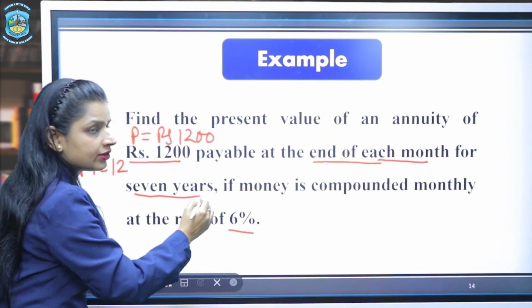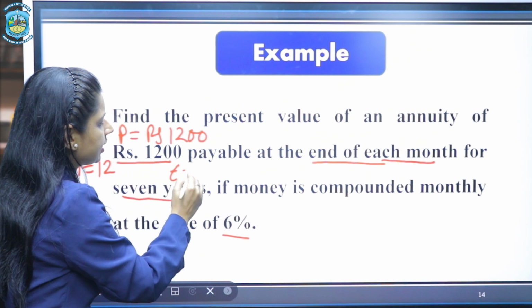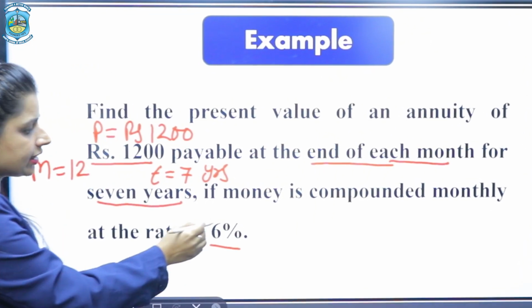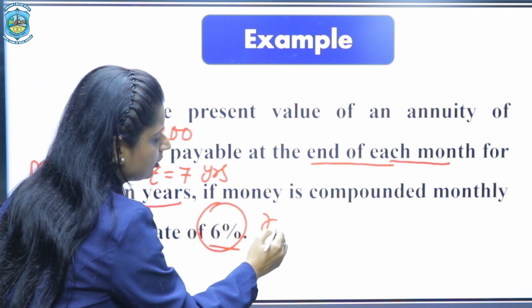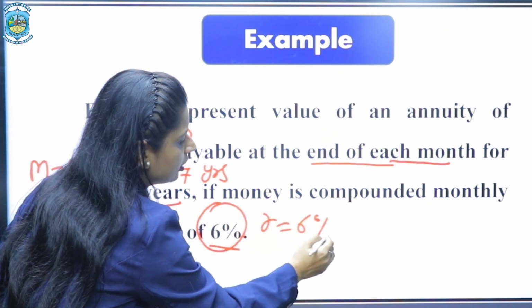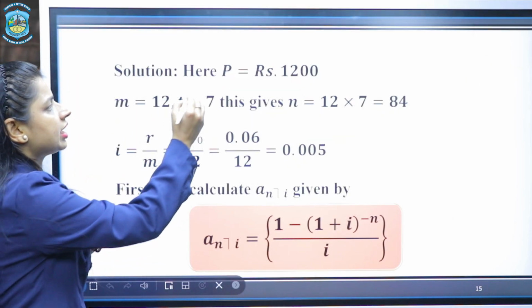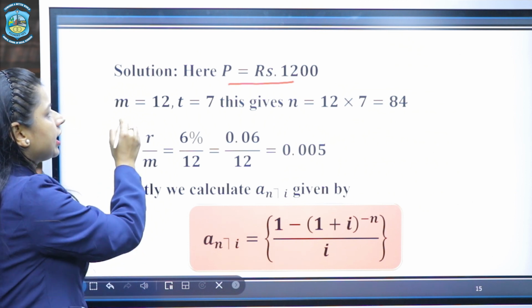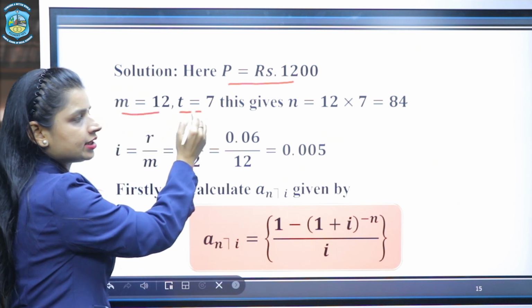Duration is 7 years, that is T equal to 7 years. And the rate is 6%, so R is equal to 6%.